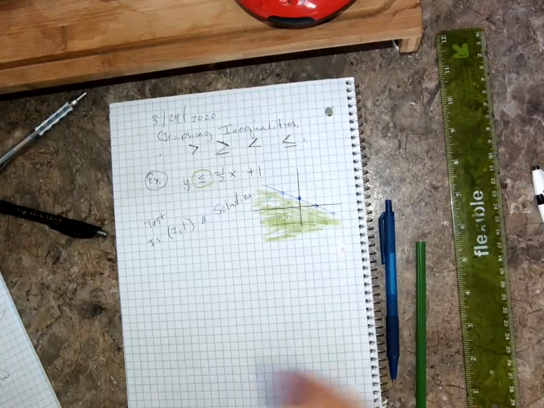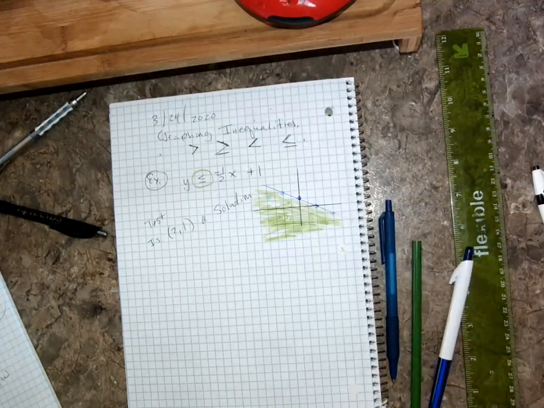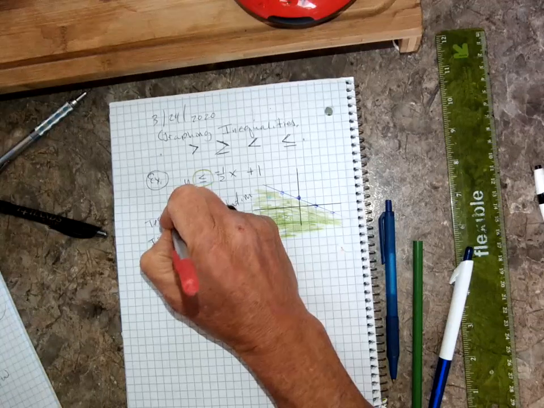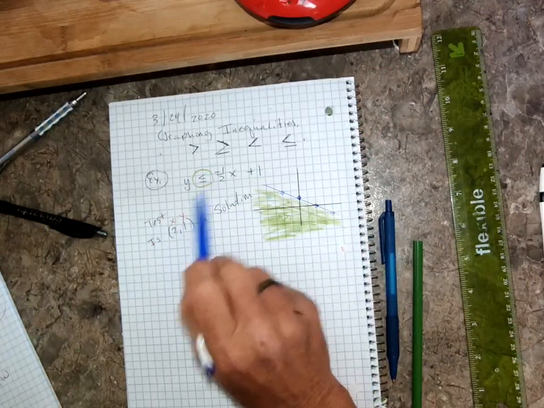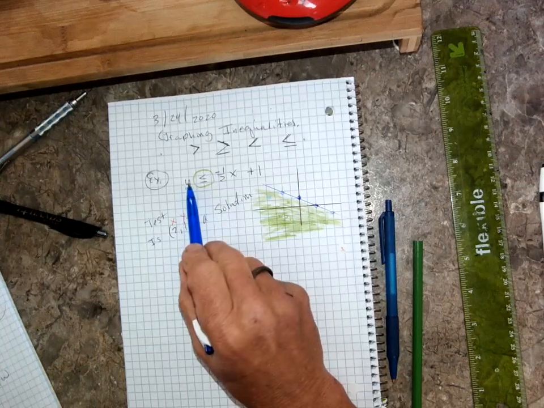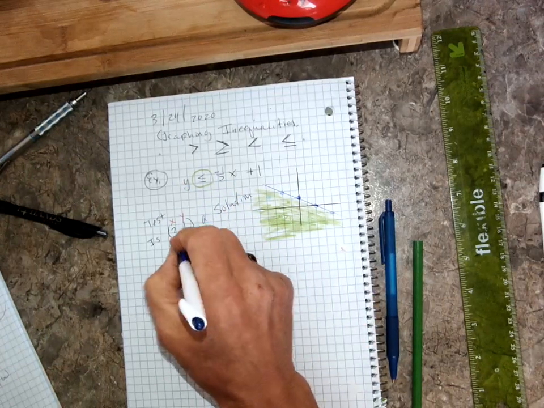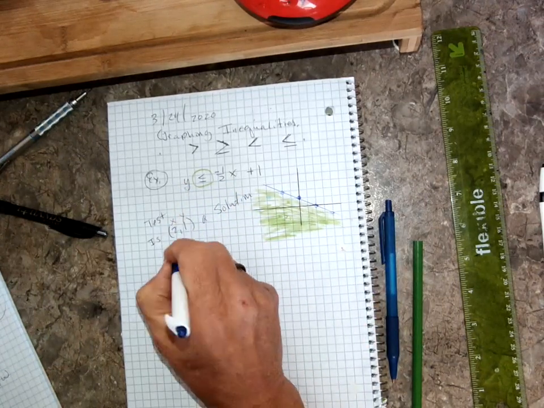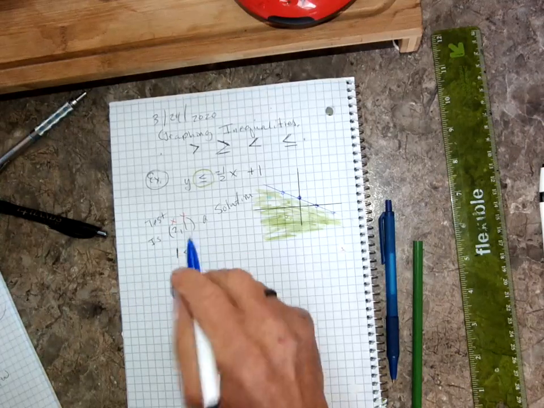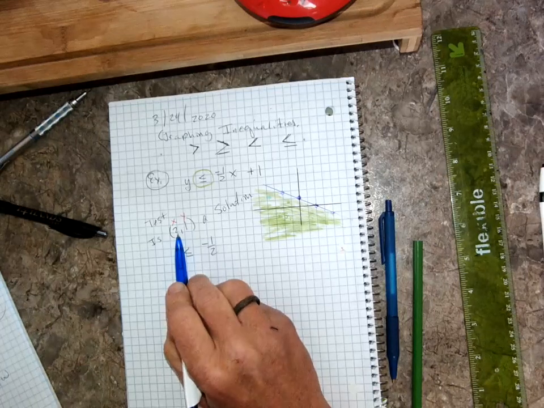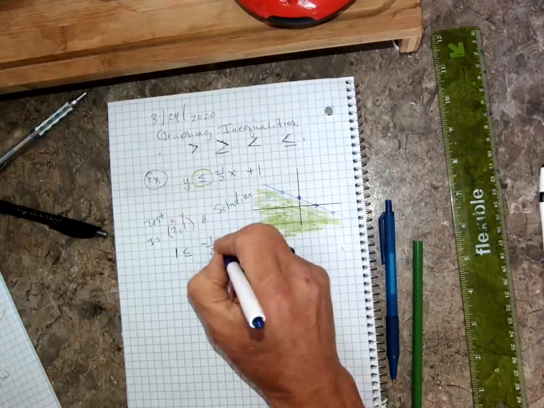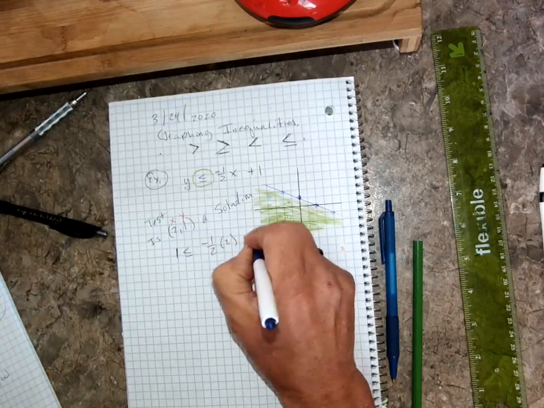Every point has an x value and a y value. If I plug in my 2 for x and my 1 for y, I'll rewrite this: 1 is less than or equal to -1/2 times 2, putting the 2 in for x, plus 1.